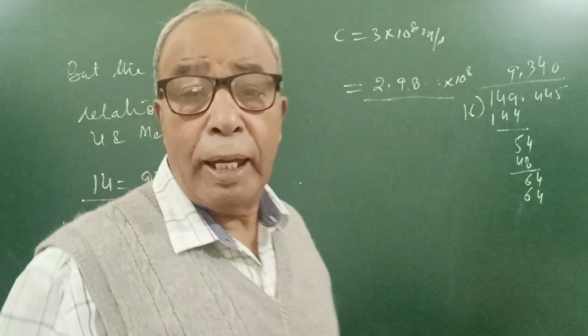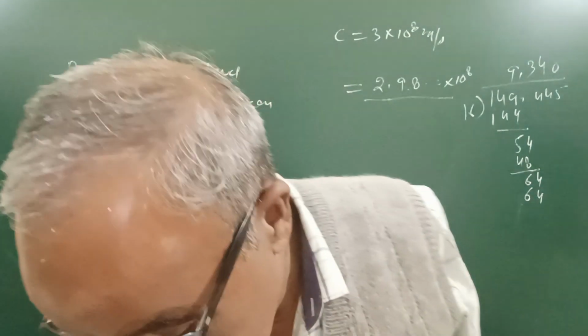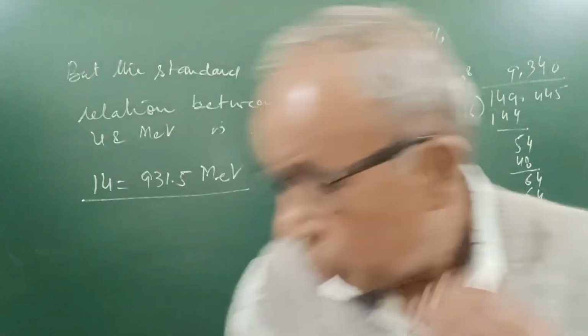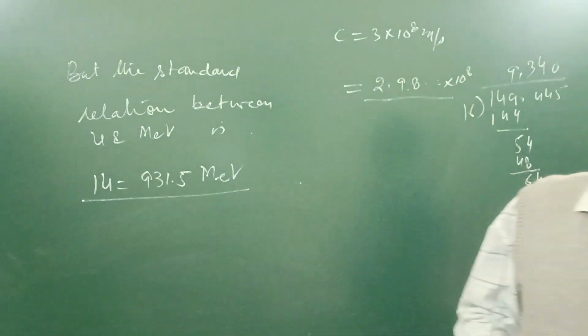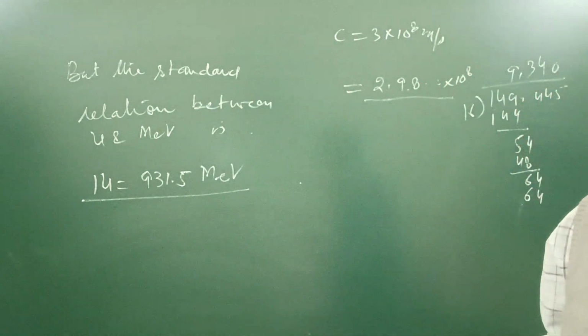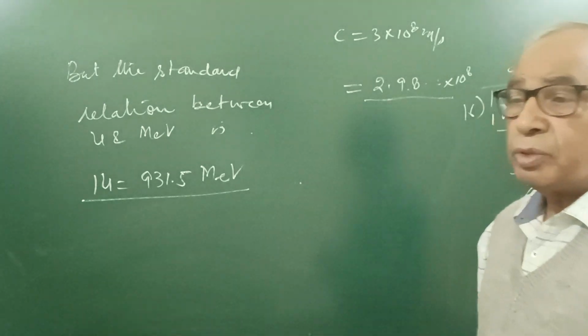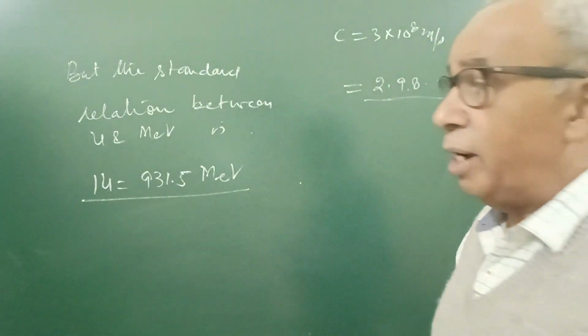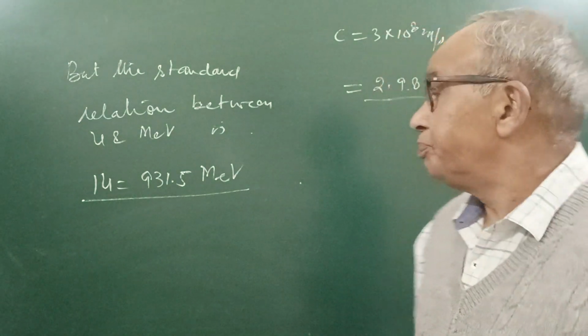So till now I have told you about the simple idea of nucleus. Then I told you the definition of one atomic mass unit, and again I repeated the concept of mole.